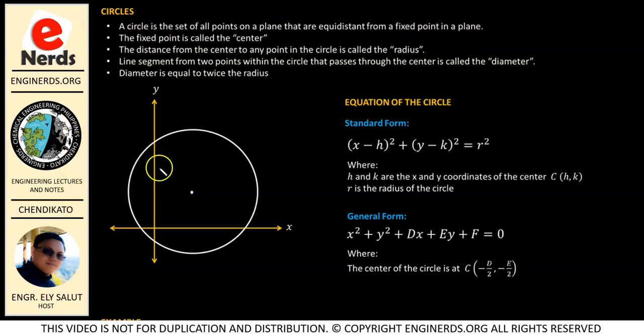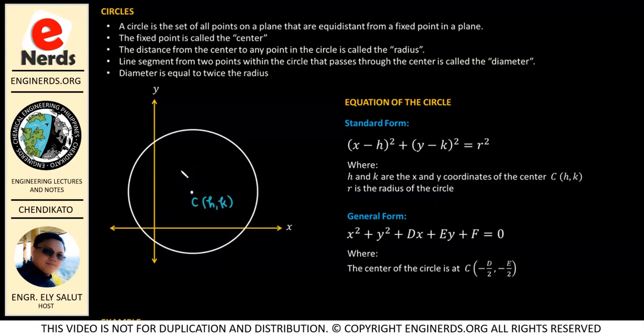Okay, so imagine that this is the fixed point na pinag-uusapan natin dito, which is called the center. Let me name this C, and let us have its coordinates as H and K. H will be our X coordinate and K is our Y coordinate para dito sa ating center.